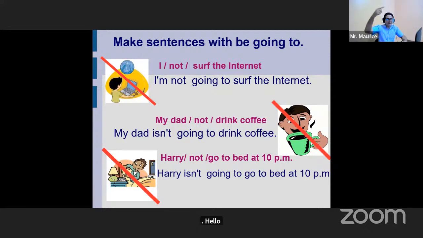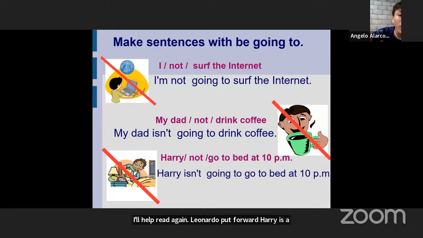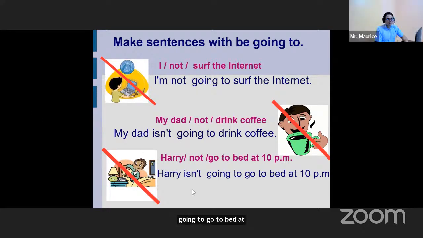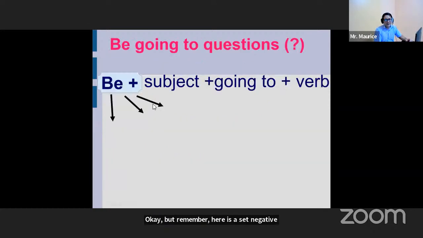Lea de nuevo, por favor. Harry is going to go to bed at 10 p.m. Okay, but remember here is isn't, negative. Isn't. Perfect. Okay, that's it. Let me stop for a while.